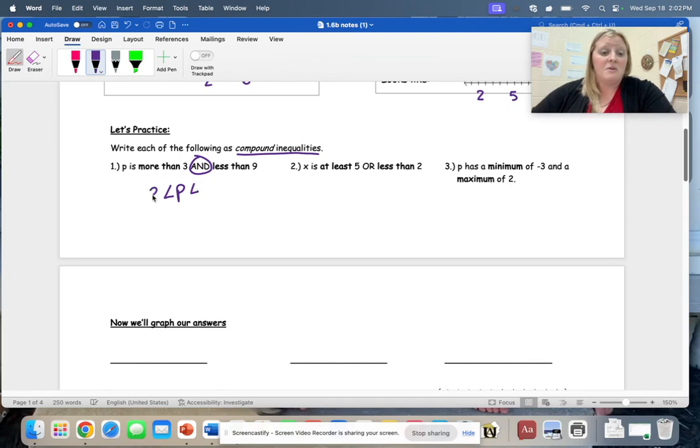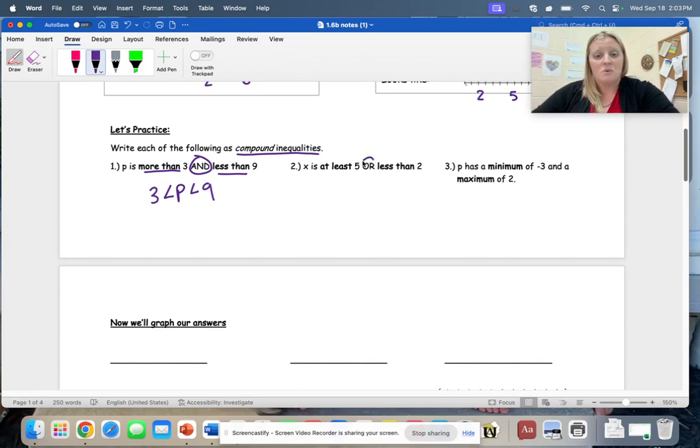Your smaller number goes on the left, your bigger number goes on the right, and you're done. I do not underline these because the phrases more than and less than don't have or equal to in them. So it's got to be strictly more than 3, strictly less than 9.